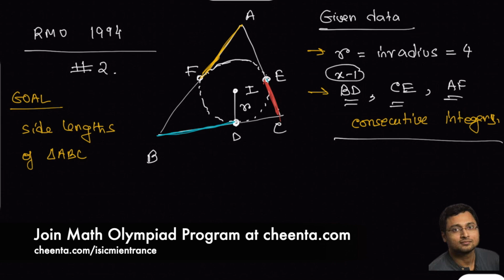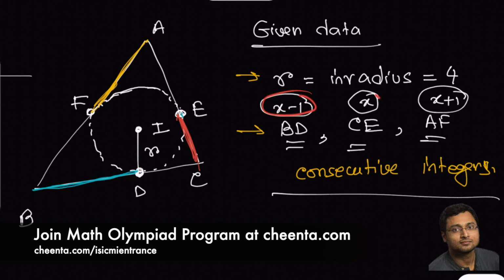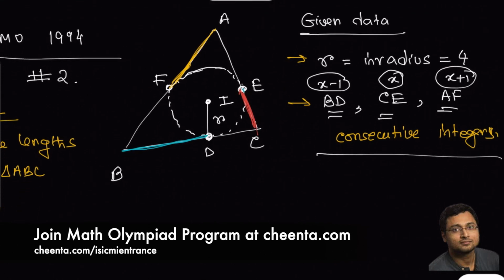If BD is not the smallest one, we can just reassign these symbols. So assume that BD is the smallest one. Then BD is equal to x minus 1, CE is equal to x and AF is equal to x plus 1. Whenever you have three consecutive integers, it's beneficial to write them in this pattern. Why? Because when you add them up, all the negative 1 and positive 1 cancel off and you are left just with the variable.